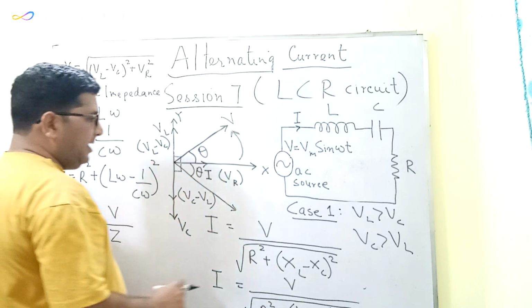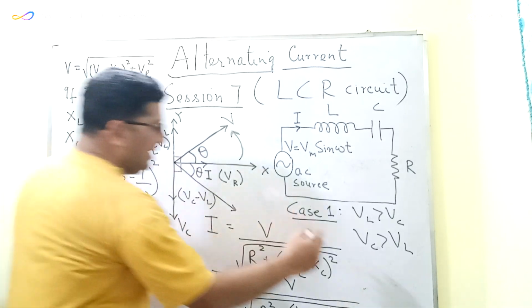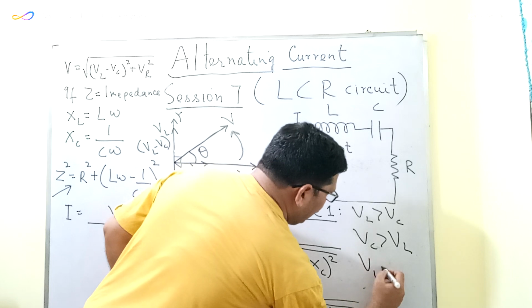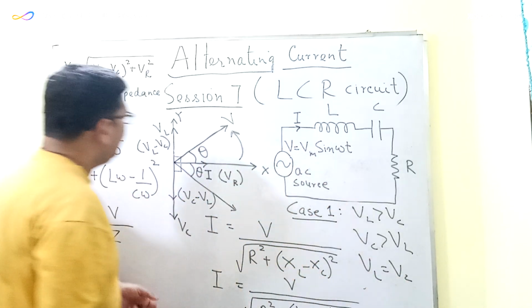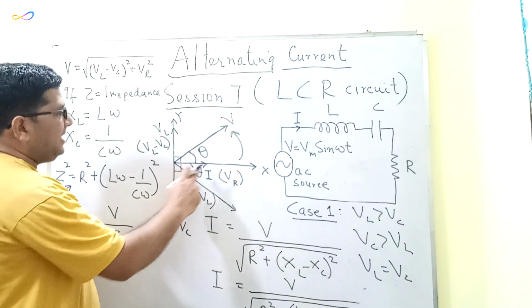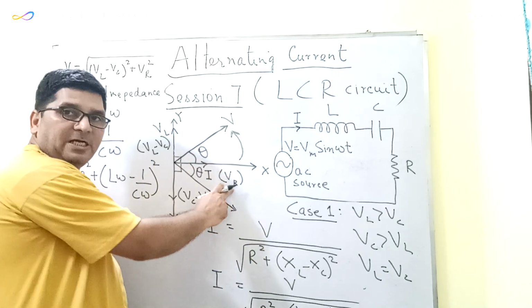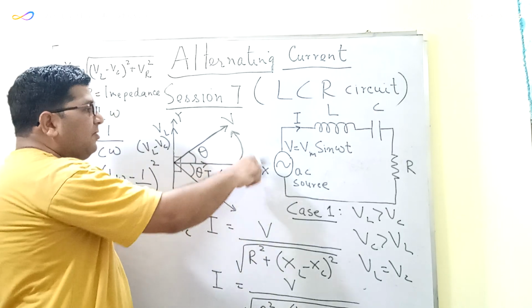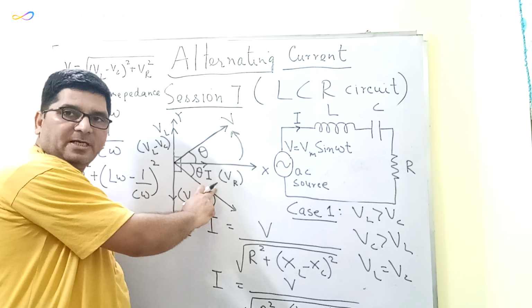And if VL is equal to VC, in that case the resultant voltage will be in phase with the electric current.